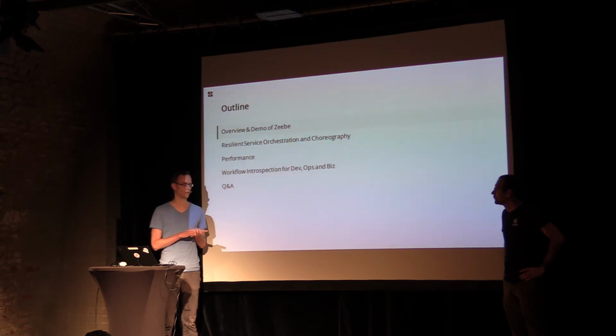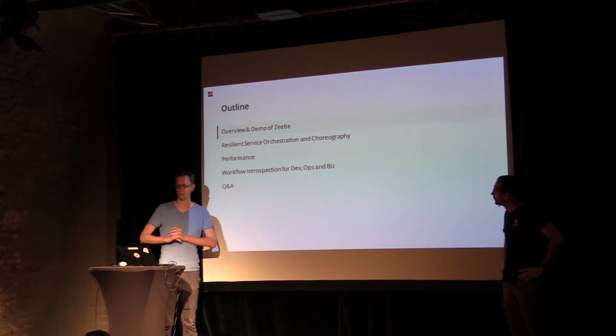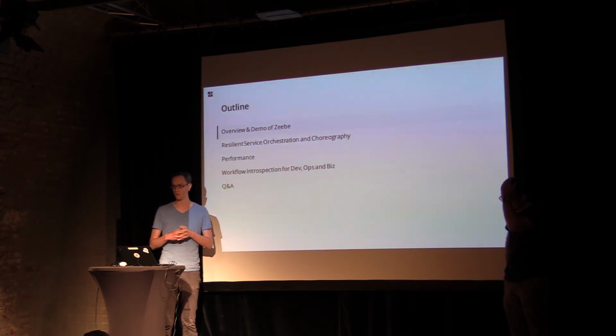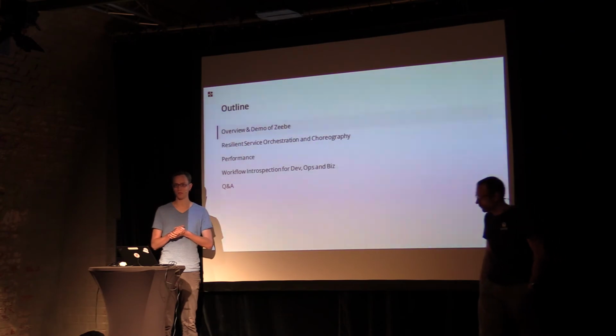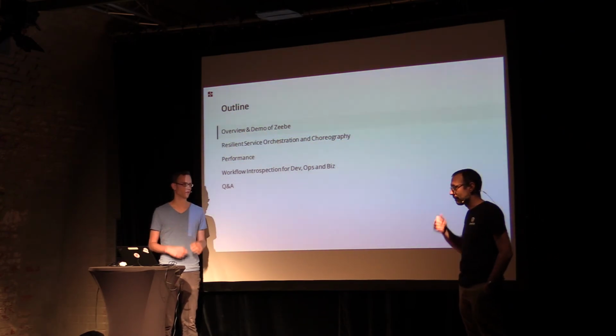We will have a look at performance and compare it to traditional workflow systems and Apache Kafka probably. And we will look at the introspection aspect, so how can we track the progress of workflows in this distributed system. And then we'll have a Q&A. Basically, all of these steps will be accompanied by some live hacking and really showing how the system works.